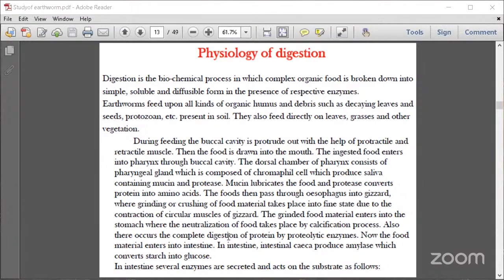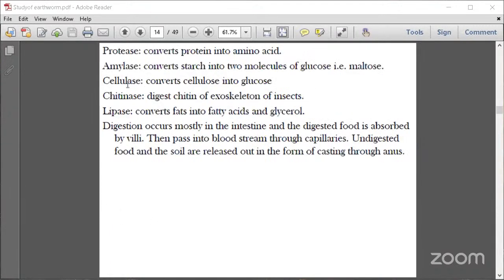In the intestine, intestinal ceca produce amylase, which converts the starch into glucose. In the intestine, several enzymes are secreted and act on the substrate, like protease that converts the protein into amino acid, amylase that converts the starch into two molecules of glucose, that is two molecules of maltose, and cellulase that converts the cellulose into glucose.